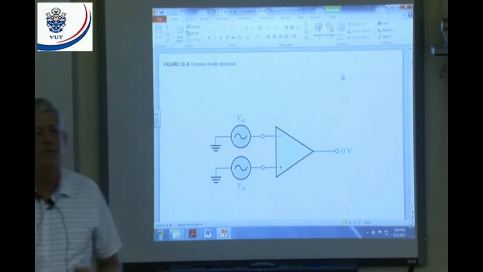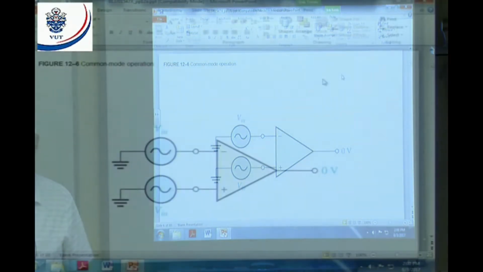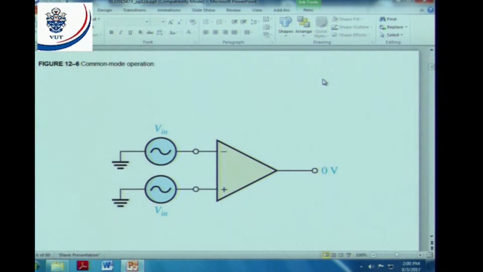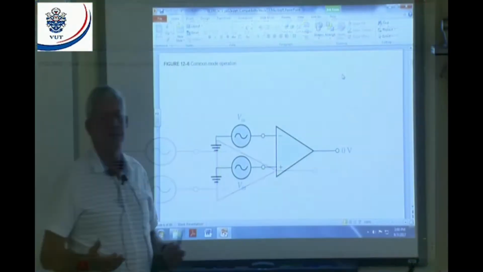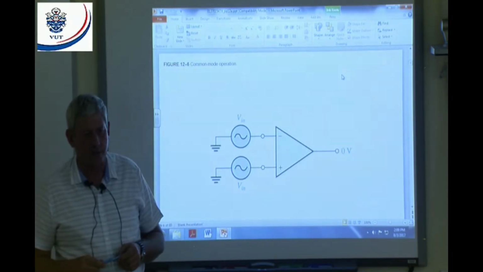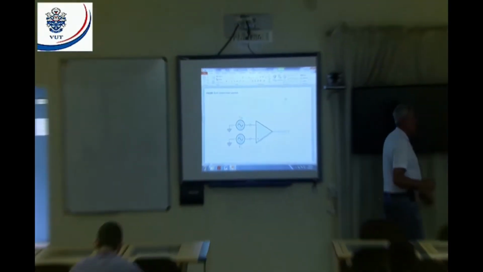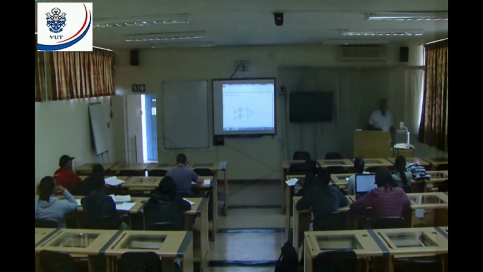Now, when we look at common mode rejection ratio, that's the ability to get rid of the noise. Your noise signals could look exactly the same, that means if this noise signal is coming on both the inputs, what will happen? It will cancel out, and we don't want to amplify the noise. And that brings us to common mode rejection. That will be the next thing we're going to talk about.